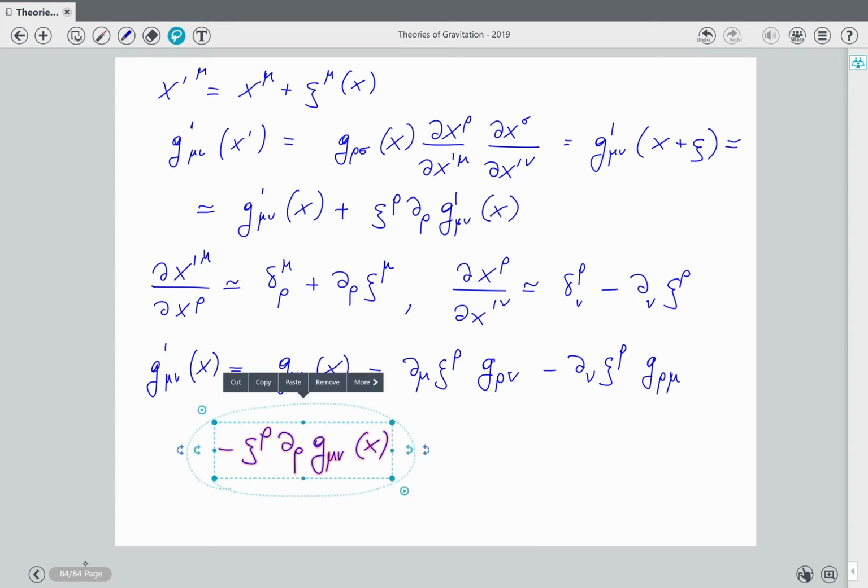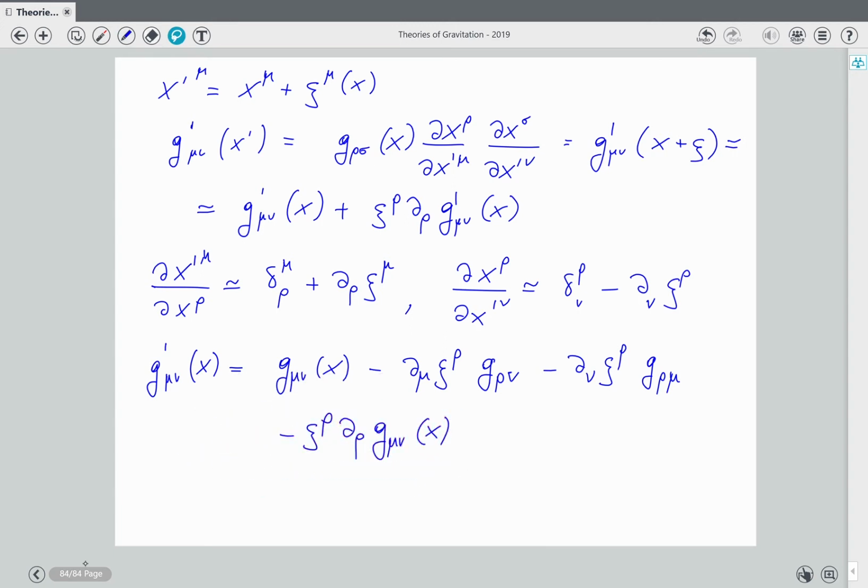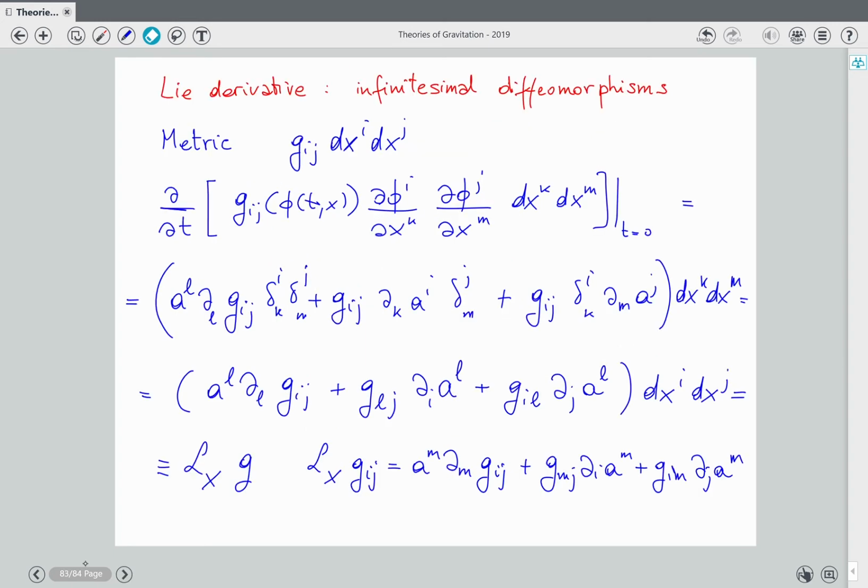Okay. And then you can check that this is precisely the Lie derivative of g_{μν}. The difference is a minus, if you want, we have a minus, because the Lie derivative is this combination here.